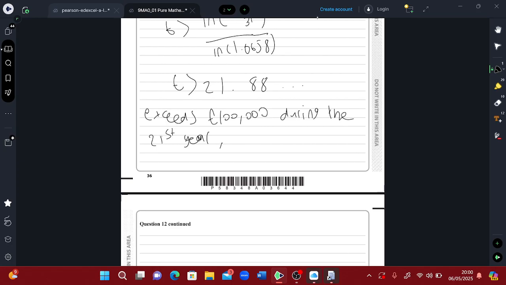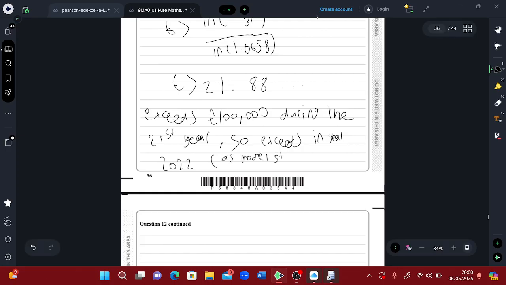So actually it exceeds in year 2022. Okay, that's an important distinction to make there, because the model starts in 2001, and at the start of 2001, what did I keep saying, 2021? 2001, and actually it started specifically on the 1st of January, right at the very start.